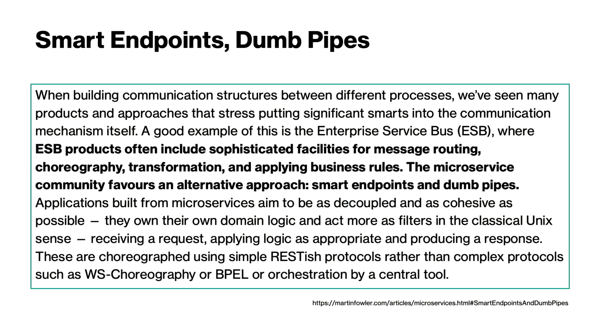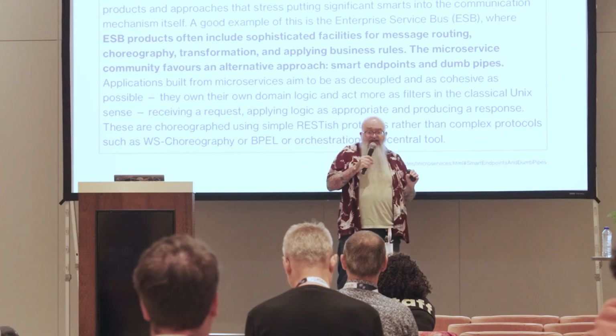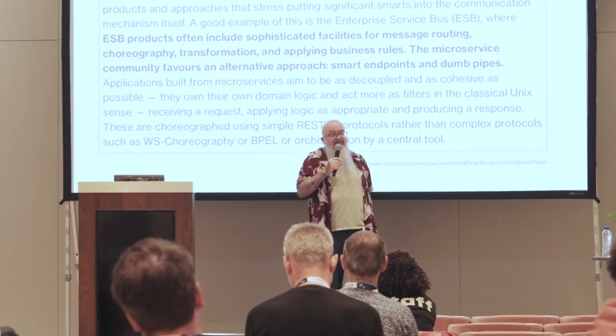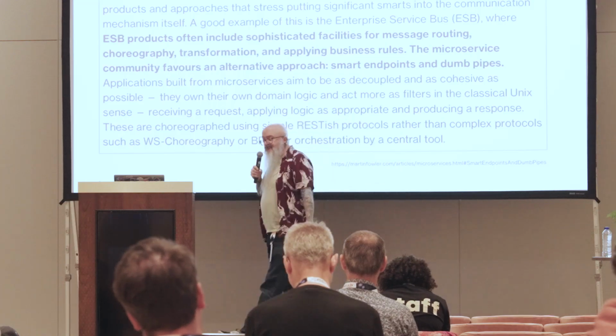workflow engines. ESB products often include sophisticated facilities of message routing, choreography, transformation, and applying business rules. The microservice community favors an alternate approach, smart endpoints and dumb pipes. By that they mean run the workflow in one of your domain processes, not in an external engine.